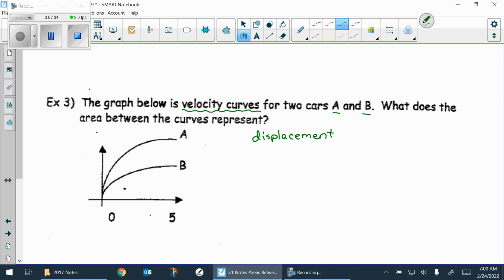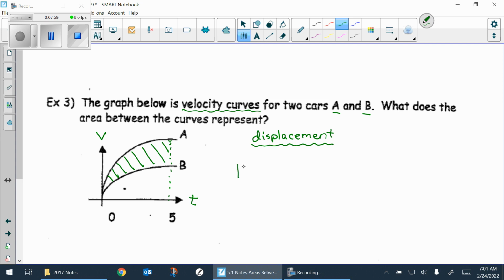Remember, this is a velocity time graph. So the area, and let's say we cut this off at 5. What's the area between these guys? Well, it's going to tell us the displacement.